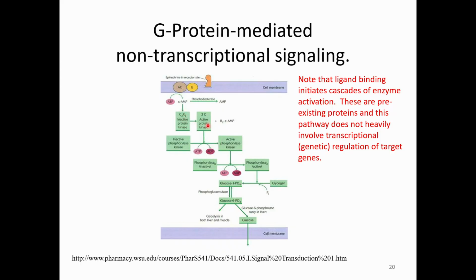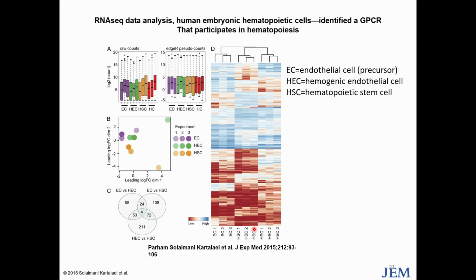initiating phosphorylation of a kinase cascade, which ultimately, the last kinase is actually regulating conversion or mobilization of glycogen and metabolism into glucose, okay? So epinephrine causes all this signaling, and then ultimately you get glucose, okay?